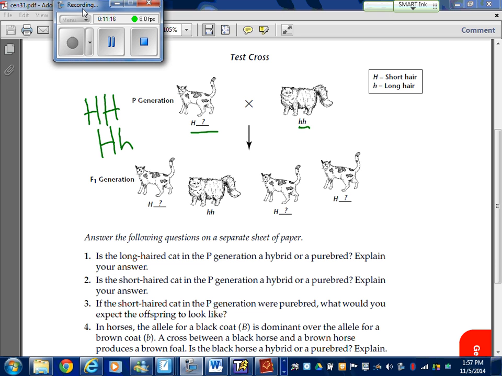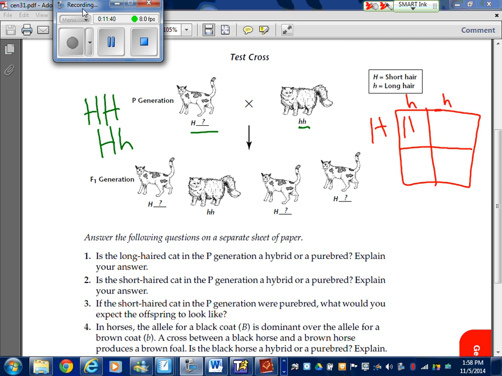Well, check this out. Here's how you can find out. You know that, and this is called a test cross, if the scientists wanted to know what genetics a short-haired cat had, you could mate it with something that you know the genetics of and see what the offspring are. So we know that the one cat has little h, and this guy has big H something.